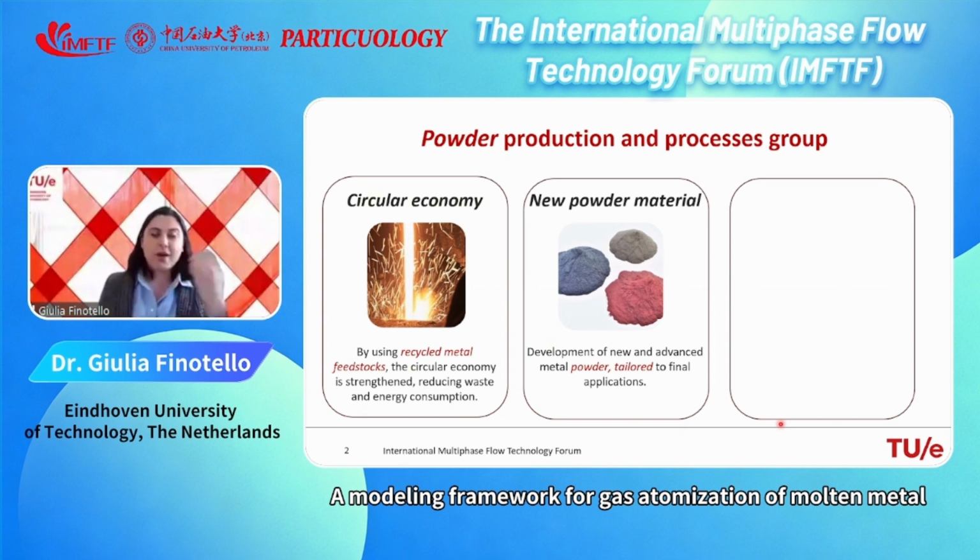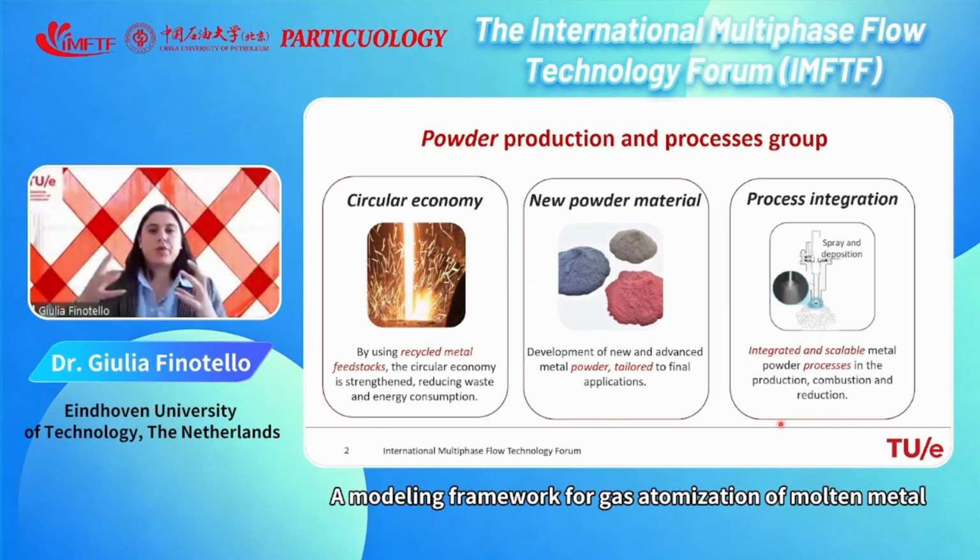And of course, we are at the mechanical engineering department, so we are also looking at process integration. So how our processes can be integrated, can be scalable, and can have better performance.